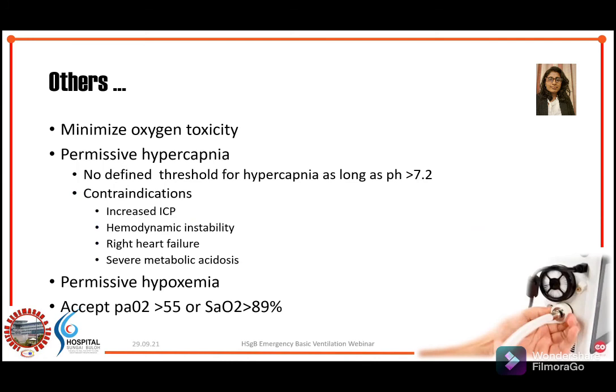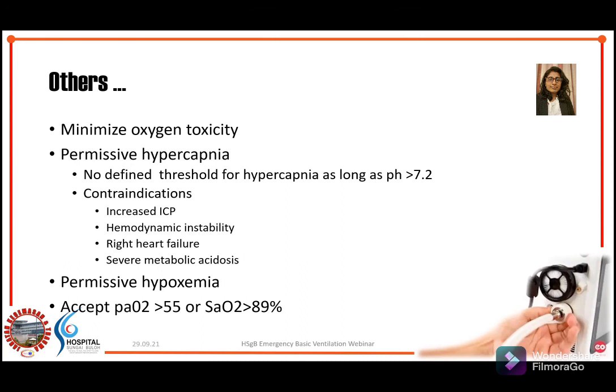Other lung protective strategies include minimizing oxygen toxicity, so that your body can fight the free radicals. Permissive hypercapnia is another part of lung protective strategy. There's no defined level of CO2 for hypercapnia. The studies advocated that as long as the pH is more than 7.2, it is good enough for the patient.